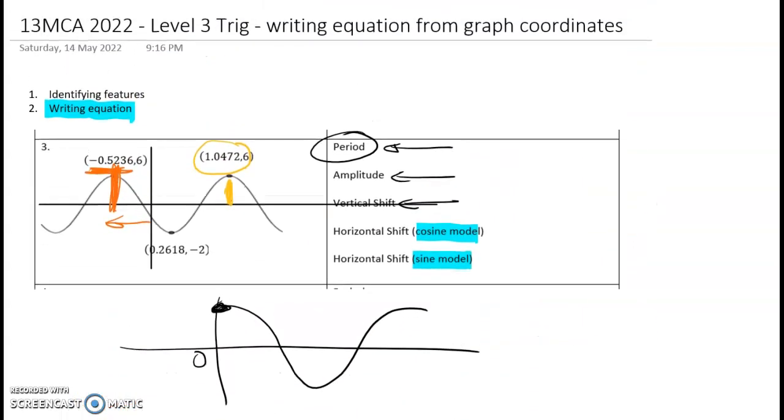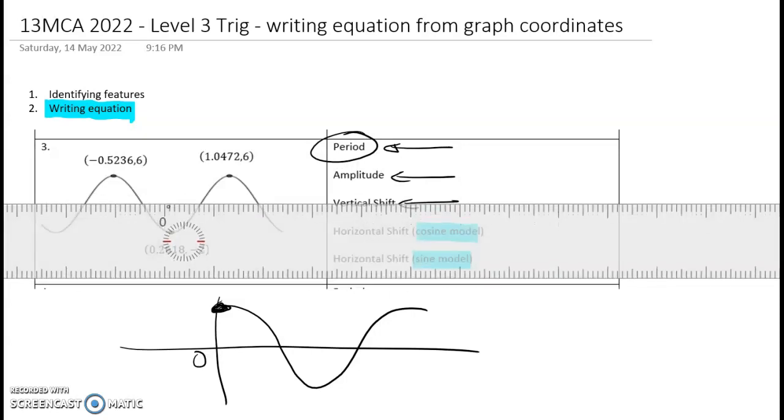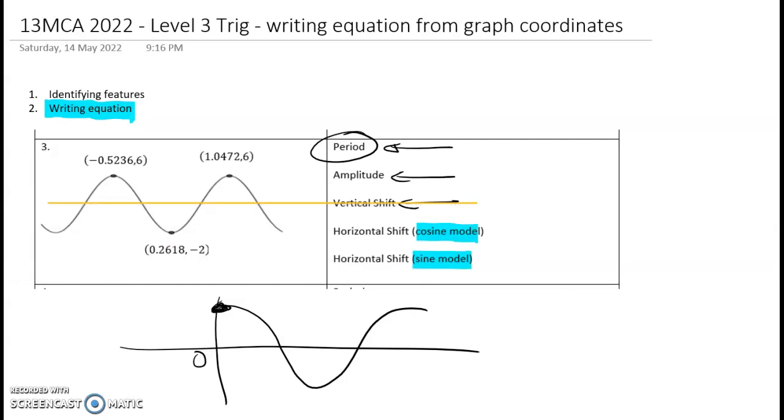If I do this with a sine model, I just have one little extra step. We'll take all of those off. Again, it's quite useful to put in the ruler, roughly through halfway. This time we're looking for where the starting point of the sine curve is.